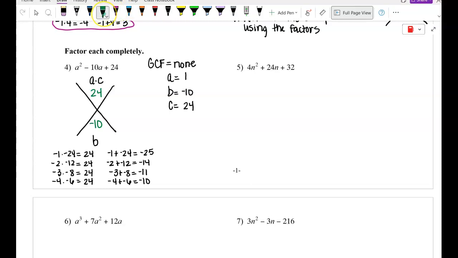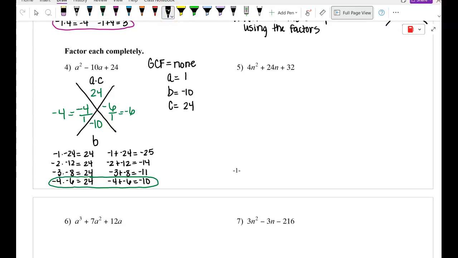So it took us a few to get there, but these are the two numbers that match both the product and the sum. So one side is -4, the other side is -6. Again, it doesn't matter which one you put on which side. Go in and divide by the a value, which in this case is 1, so it's not changing.